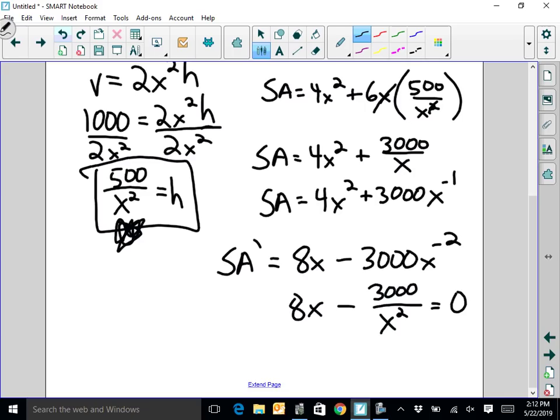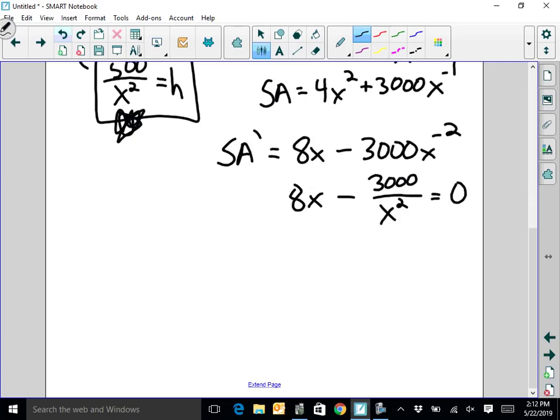What I'm going to do is add my 3,000 over x squared to the other side. Now I want to group the x's together, so I'm going to multiply both sides by x squared. That gives me 8x cubed equals 3,000.